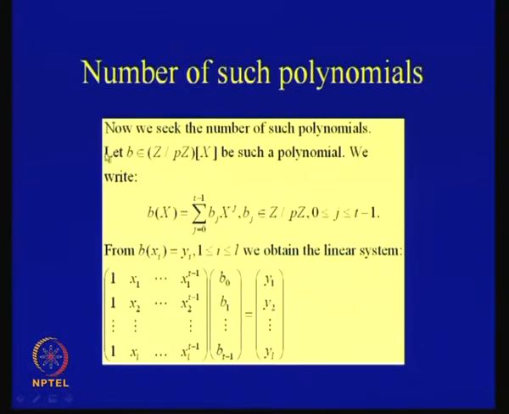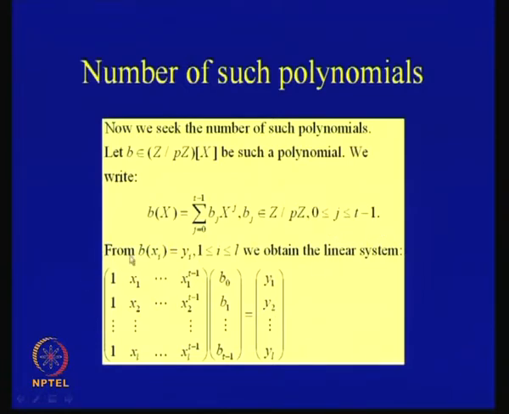Let this be one such polynomial, with the form sigma j equal to 0 till t minus 1 of b_j x to the power of j, where each coefficient b_j belongs to Z_p, that is from 0 to p minus 1, for all j from 0 to t minus 1.